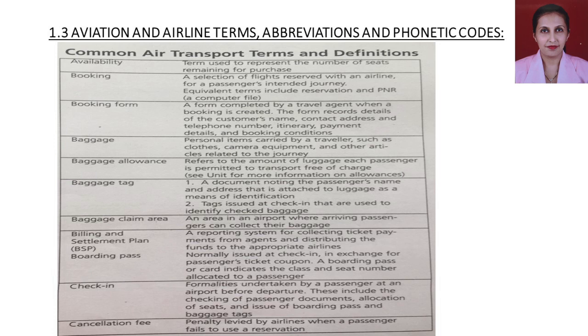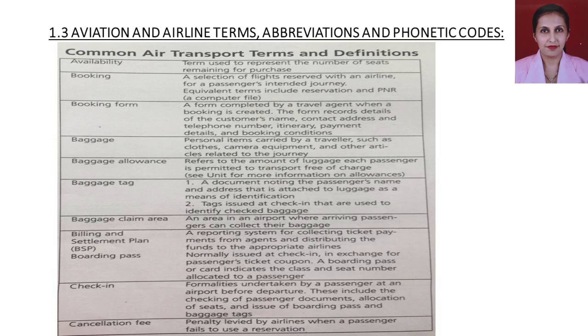Always remember these formalities are done before departure, means before the flight takes off. Clear? These include the checking of passenger documents, allocation of seats, and issue of boarding pass and baggage tag.